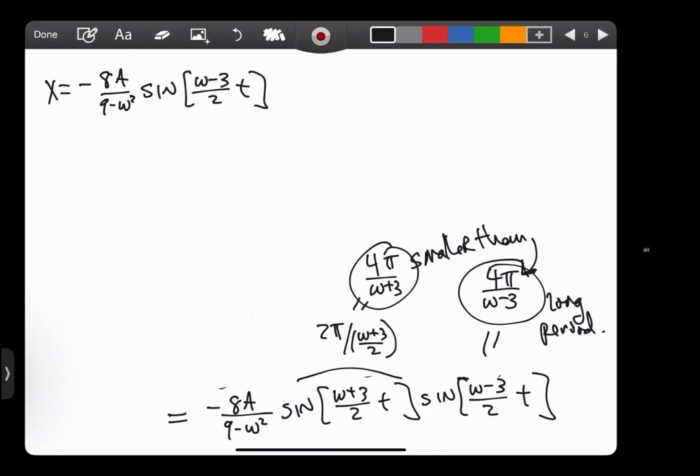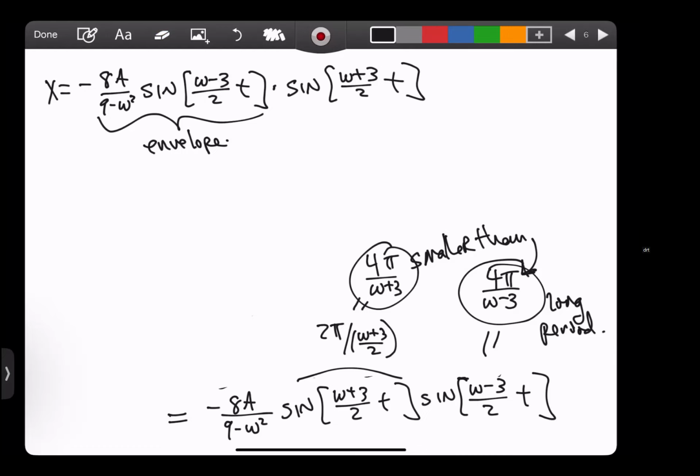So we got that. This is my envelope. This governs the amplitude of this following sine, the short period sine, which is omega plus 3 over 2 t, like this. So this number out in front acts like an ever-changing amplitude for the other sine.